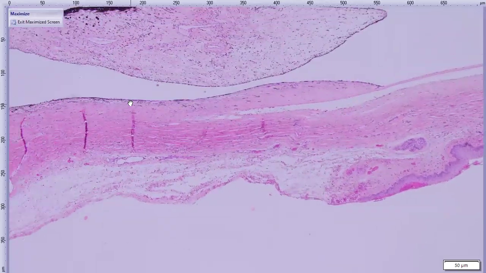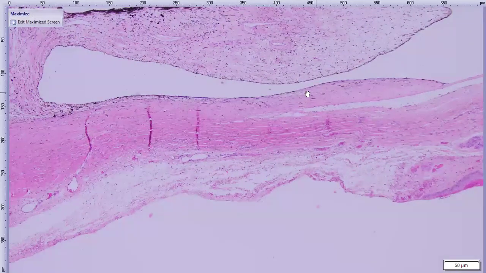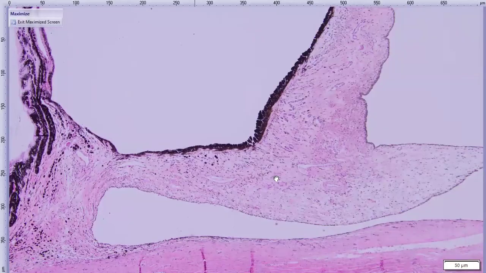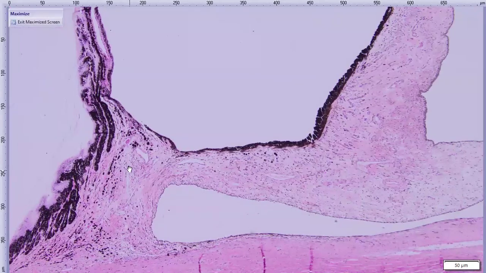We have this really robust fibrosis where this distortion is, where the iris base originally would have been. And then again, we have this really severe distortion of the iris, a weirdly misshapen iris, and then the ciliary body and the iris base are displaced away from their usual anatomic location.